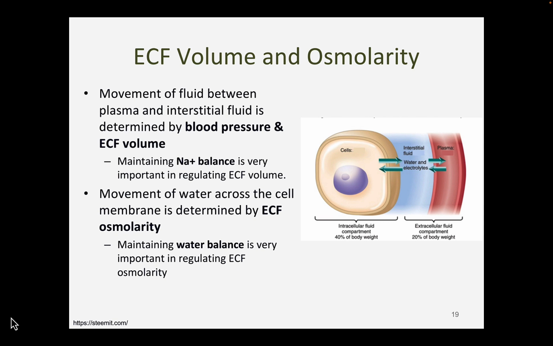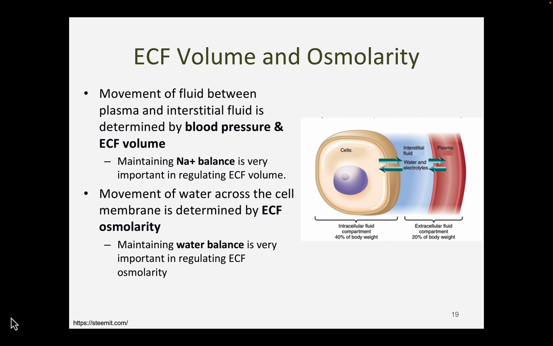Okay, so quick recap here. We said we have three main fluid compartments: our intracellular fluid, our interstitial fluid around our cells, and our blood plasma. And these two collectively are called the extracellular fluid, outside of cells. Now, movement of fluid between the plasma and interstitial fluid is quite free.